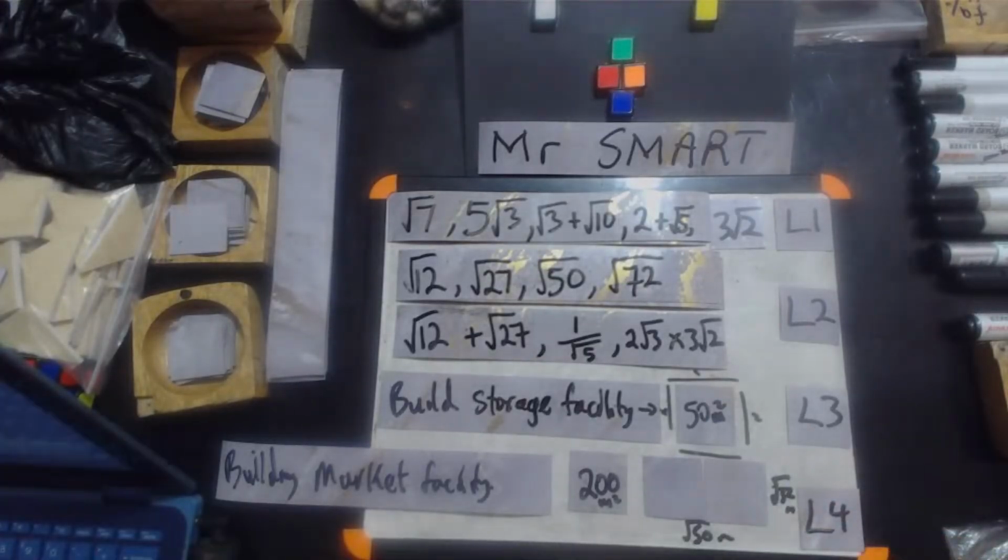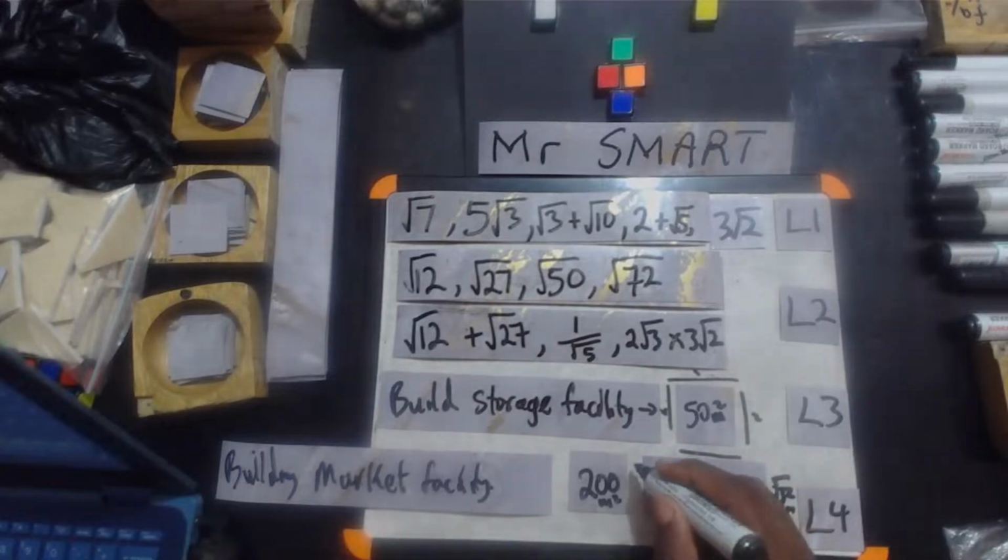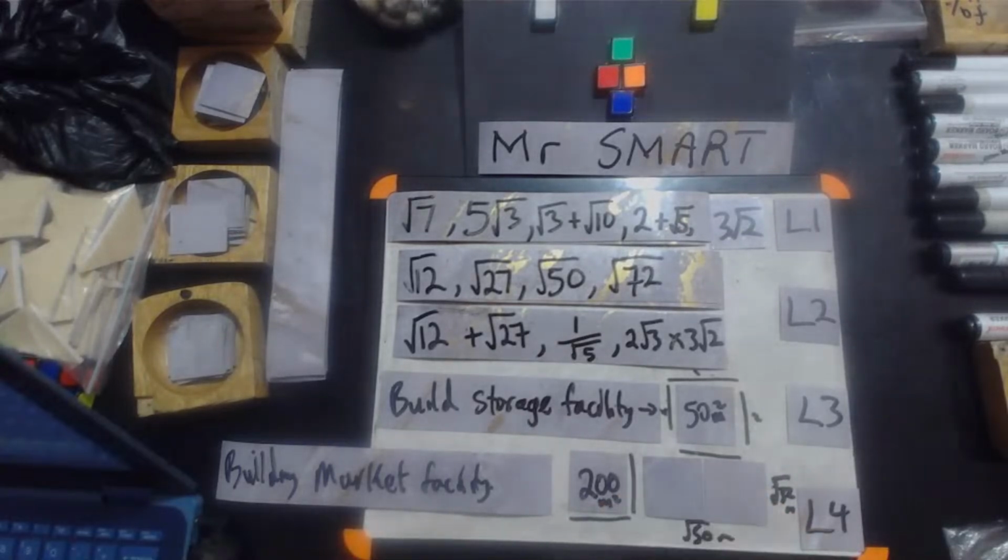So square root of 50 meters, square root of 32. And your task is to simplify all said measurements. The side length of the square hall, simplify the side length of the square hall. And then also the storage area.